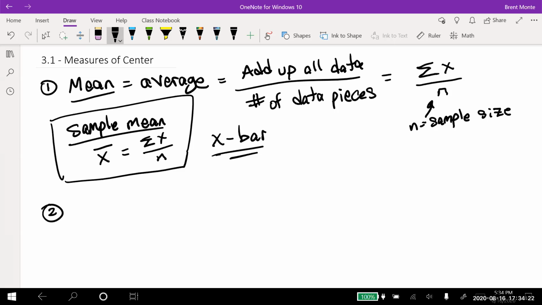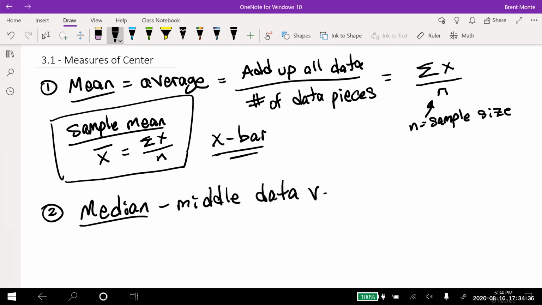The second way we often look at it is what's called the median. And what the median is, it's the middle data value in ordered data.